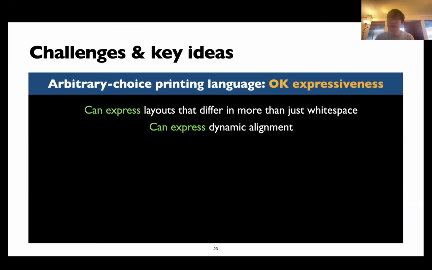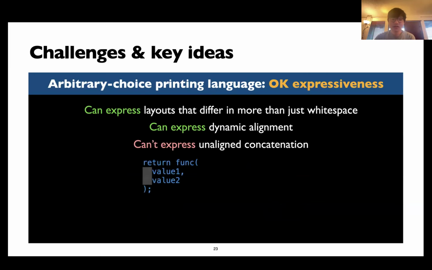The arbitrary choice pretty printing language, on the other hand, has okay expressiveness. It can do both of these. But it cannot express what we call unaligned concatenation. By that, I mean, let's say I have this return statement in a language like JavaScript or whatever. To express this, I would ideally construct a document modularly, by saying that it consists of 3 parts: the return keyword, the function application, and then the semicolon, and then I compose them.